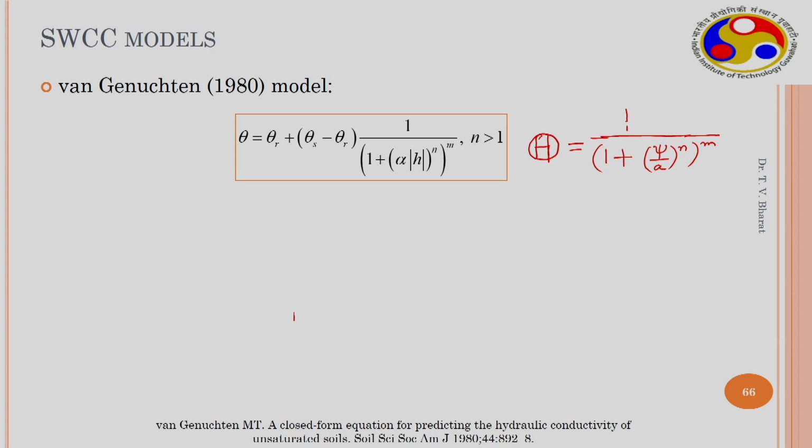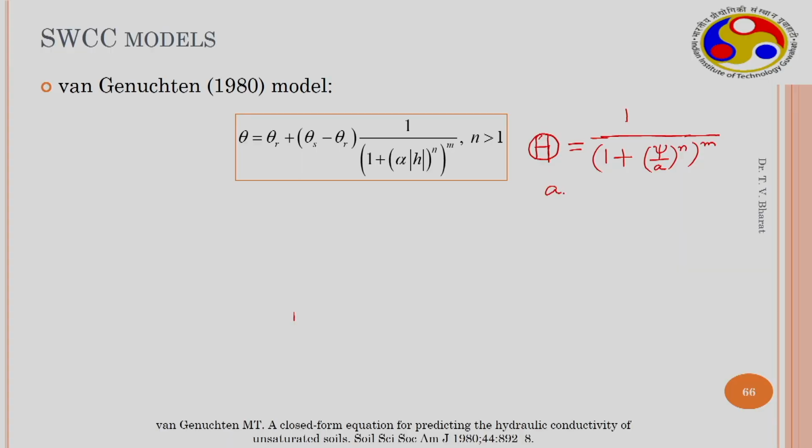This initial expression was available in the soil science literature. When it is used in geotechnical engineering, we are acquainted with, or we often use, soil water potential or suction directly. Therefore the expression is modified into this.